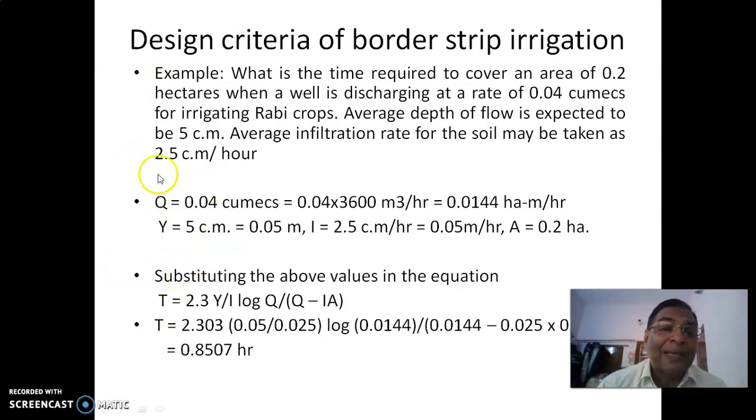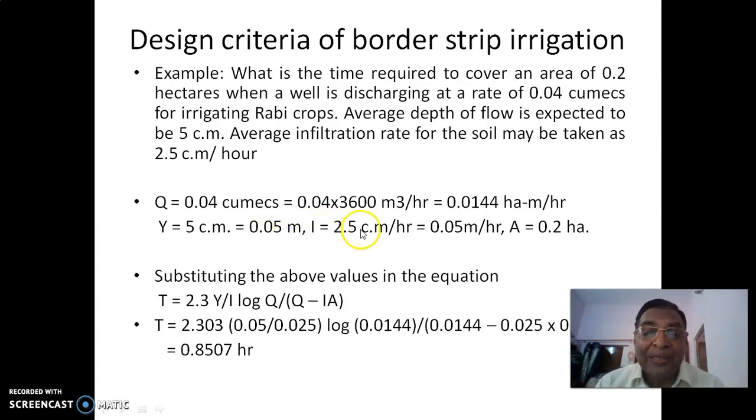You can see the given values as per the earlier equation. Q is given, so many cumec, 0.04, which is converted into hectare meters per hour. Y, the depth of water required, is converted into 0.05 meters.